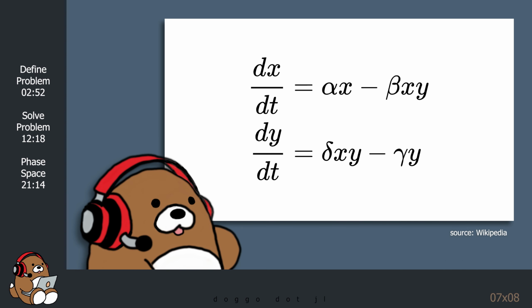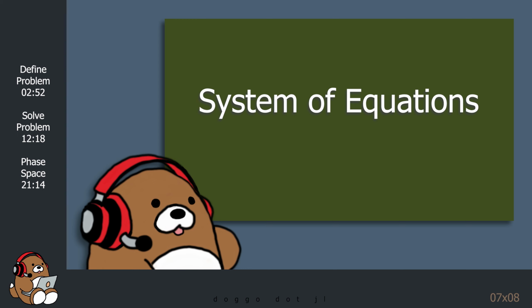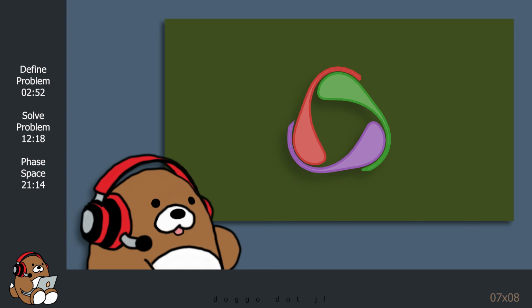For more complex situations, you may encounter multiple differential equations that must be solved simultaneously. Having multiple related equations that must be solved simultaneously is known as a system of equations. How can we use the DifferentialEquations.jl package to solve a system of differential equations?